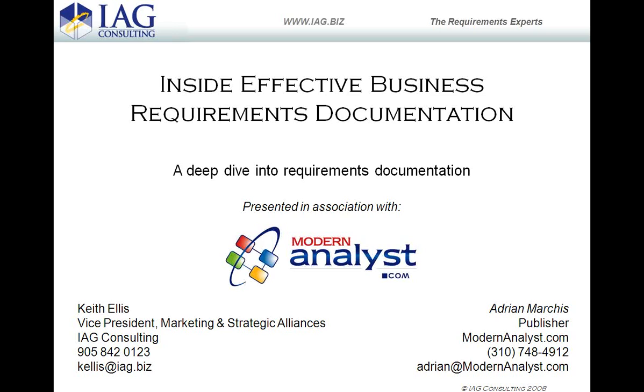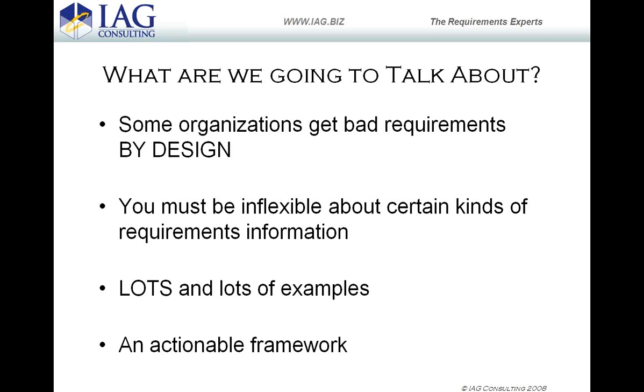So what are we going to talk about? We're going to talk about how some organizations get bad requirements by design. If you look at the template and the process that has to exist behind that template, you realize that in some organizations, the only reason they're getting decent requirements is because they're hitting it so hard with a great big stick, and therefore you're getting okay quality.